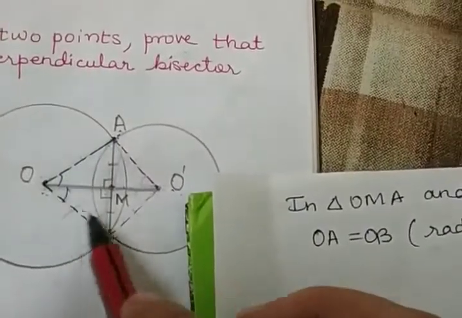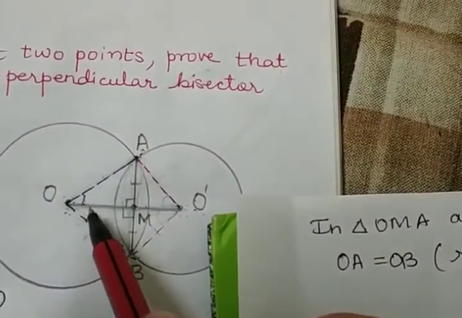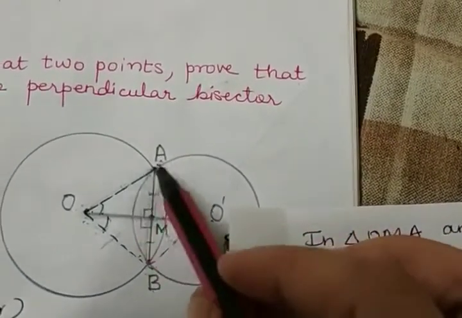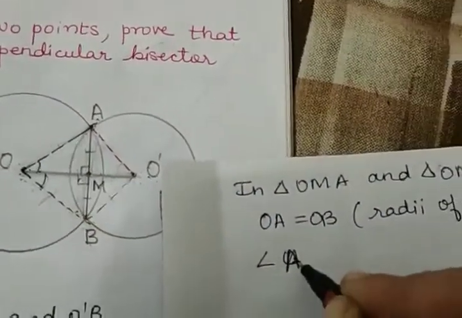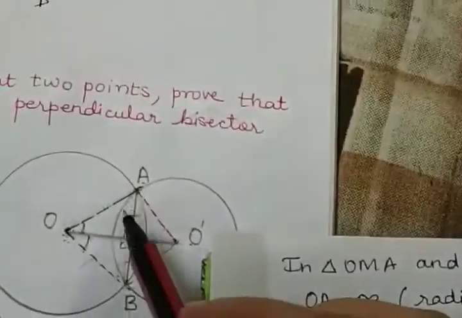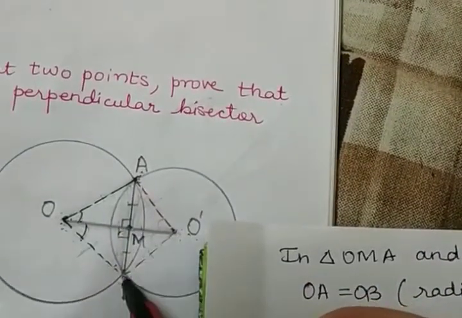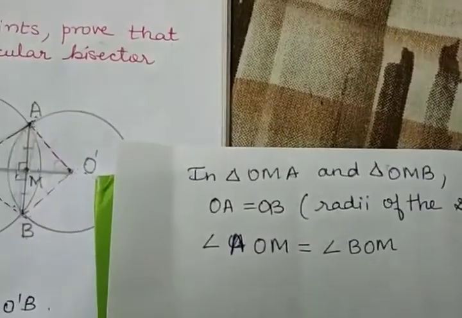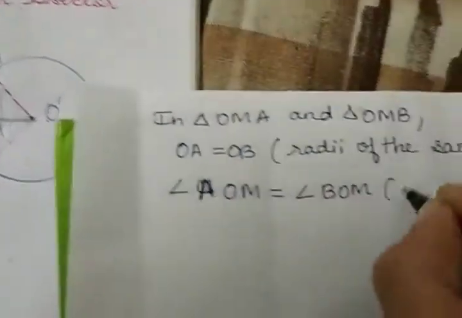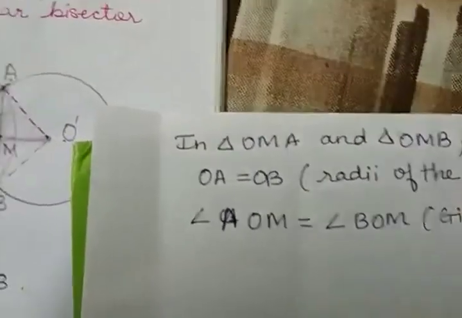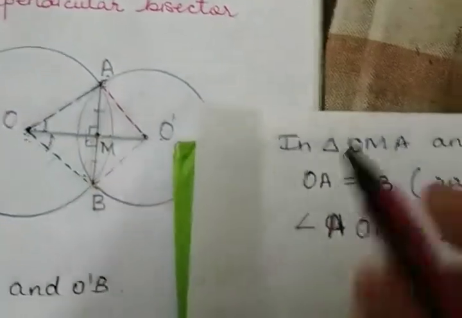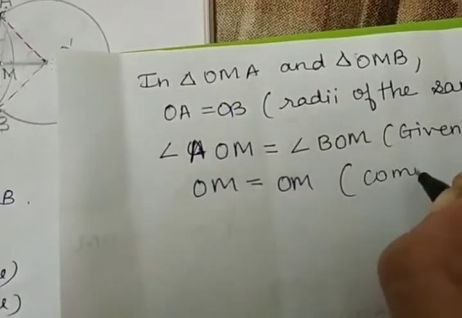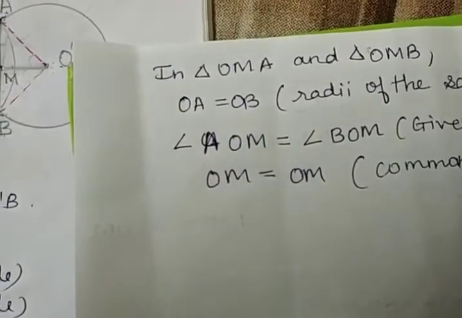Okay, this is equal. Then you have this angle equal to this angle. So angle AOM will be equal to angle BOM. Okay, because we have already seen this is equal in the previous case, and this will be equal because they are common sides. So OM is equal to OM.